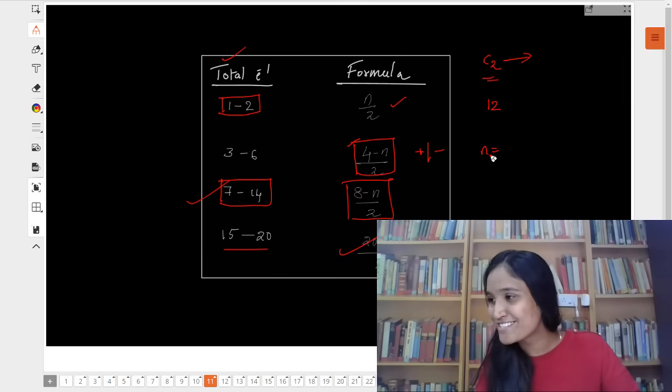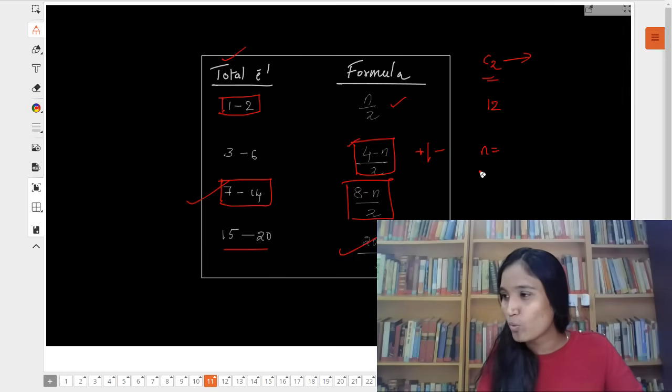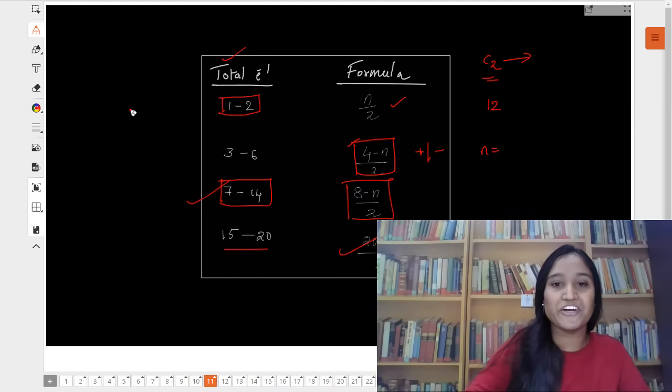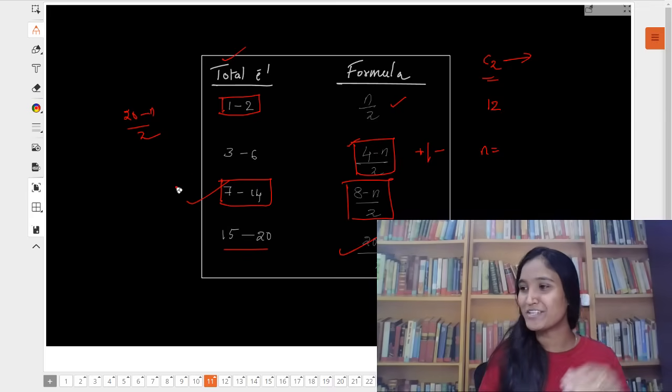N is nothing but the number of electrons. And I see some of your comments that you're not able to see the last formula. I'm writing it here: 20 minus n by 2. Do you see it now?